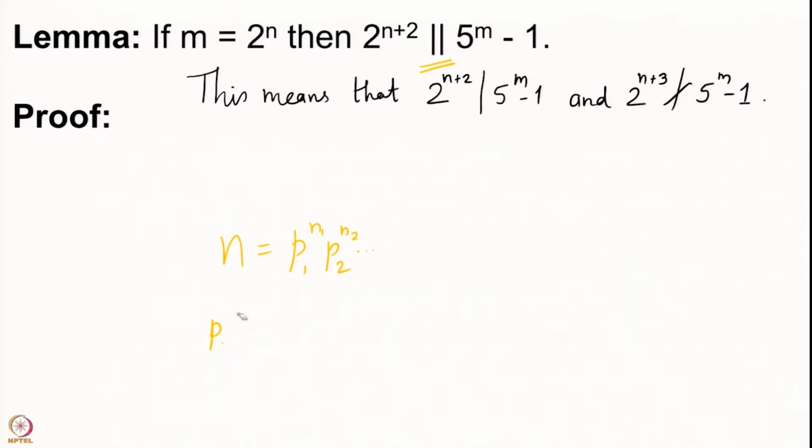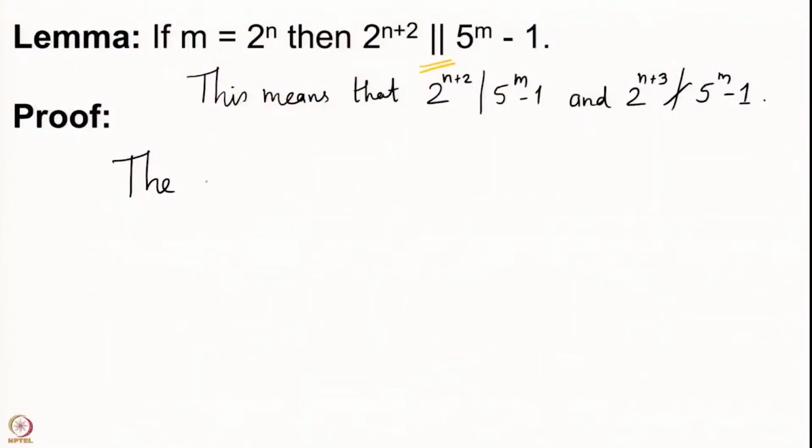We are now going to prove this result. What we are going to prove first of all is that this is a power of 2 that divides 5^m minus 1, but no higher power divides it, and the proof is by induction. It is a very simple proof.